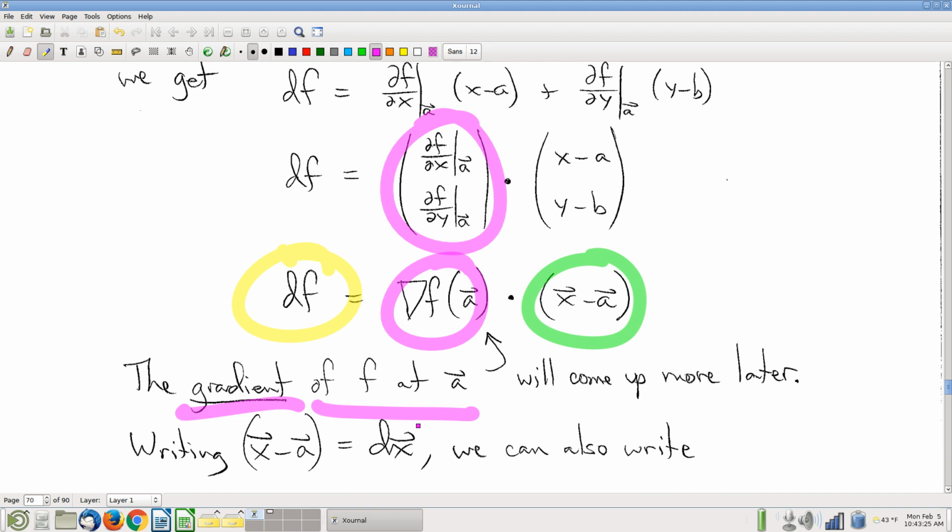Yes? Is the upside down triangle a nabla? Is what now? A nabla? It is a nabla. Do you know what? Have you seen nablas elsewhere? No, I just need to know the name. Oh, yeah. It's nabla, and I remember being told at one point that it exists outside of the context of math, but I don't remember. Does anyone know where nabla comes from? Okay, all right, don't worry about it.